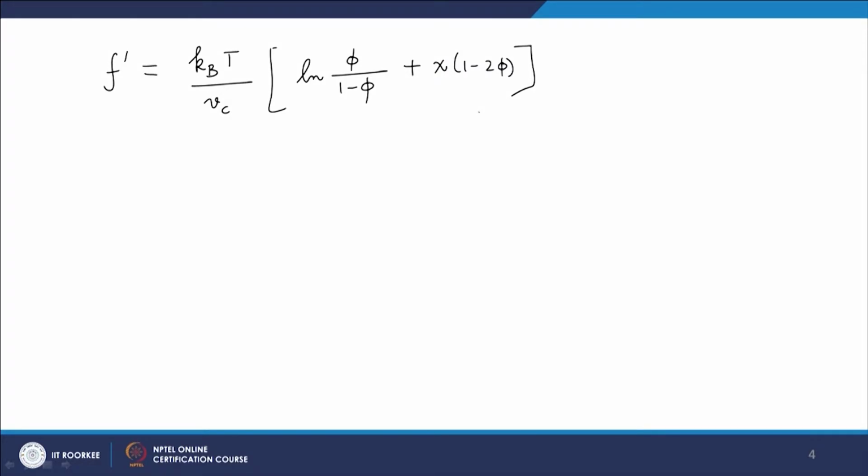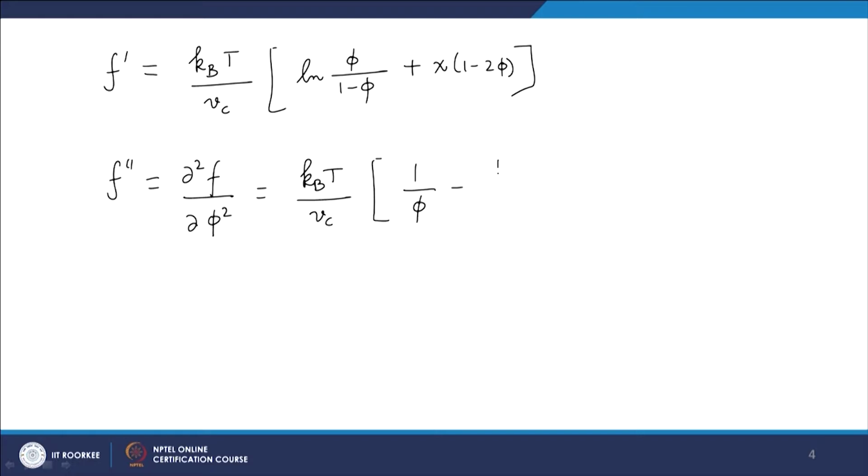So, f prime is ln phi by 1 minus phi plus chi 1 minus 2 phi, and so if I am interested in the second derivative, then that will be equal to one by phi minus of 1 by 1 minus phi, the minus will cancel, minus 2 chi.